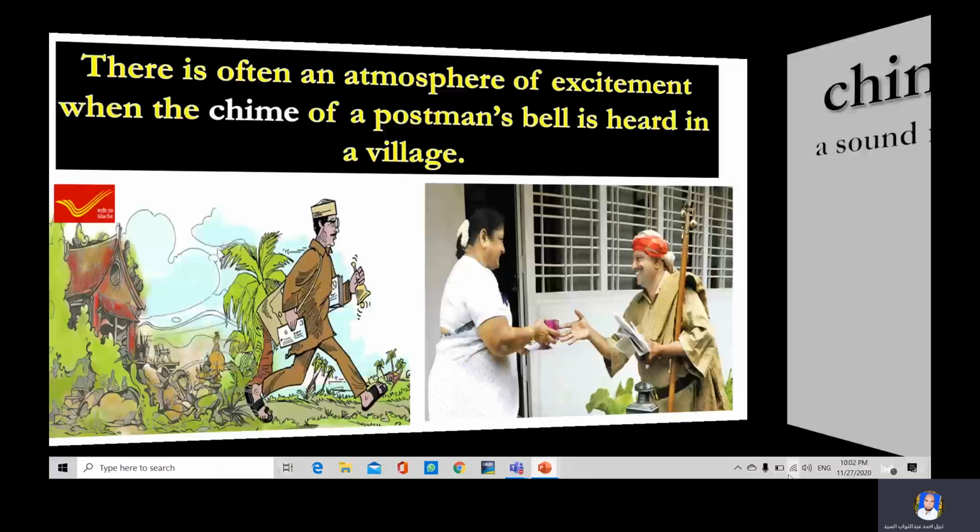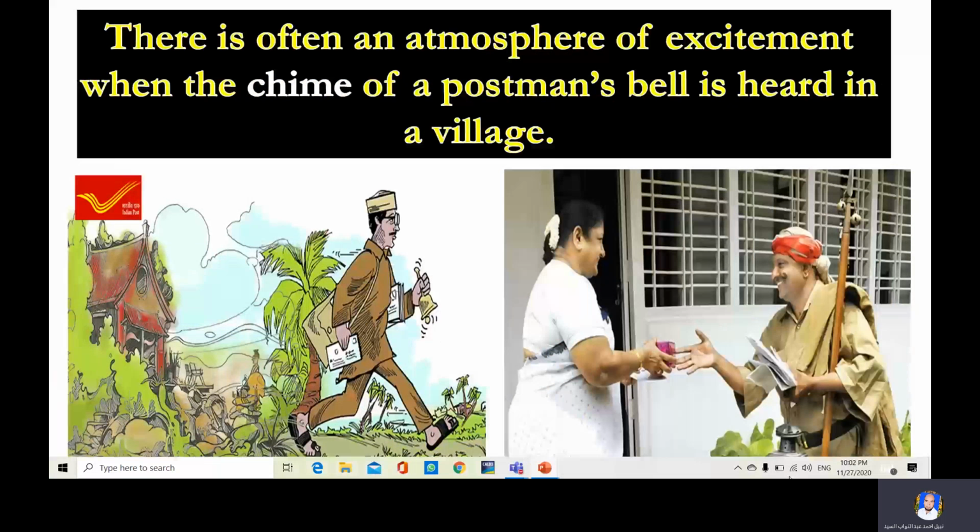Imagine that this village is isolated from the world, and it is an inaccessible place. When they hear the sound of the bell, they feel very happy, satisfied, excited, because they've got a message or an email from a friend who's living outside this village.